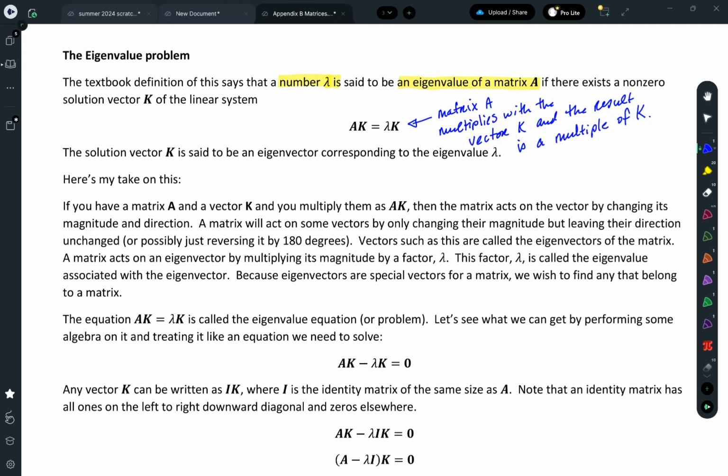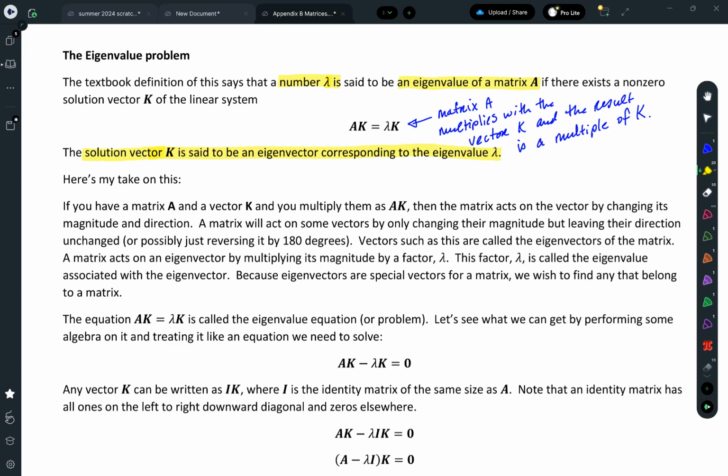So the solution vector k is said to be an eigenvector corresponding to the eigenvalue lambda. We typically find lambda first, and then once we know lambda, we can use it to find our k vector, the eigenvector.